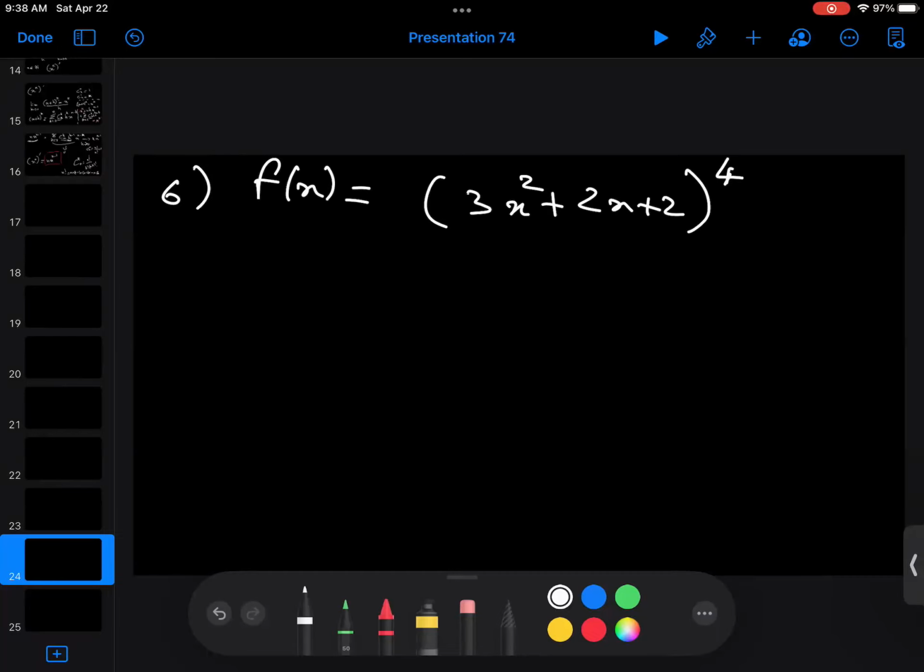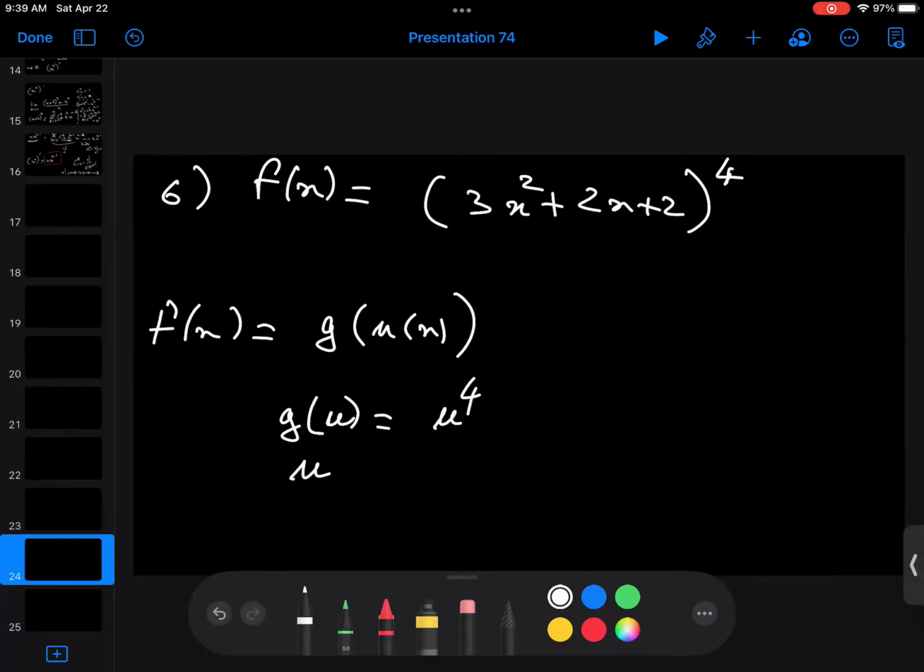Of course, we could develop that, and at the end of the day this is a polynomial. However, there's a formula: f of x writes actually g of u of x, with g of u equal to u to the fourth, and u of x is 3x squared plus 2x plus 2.